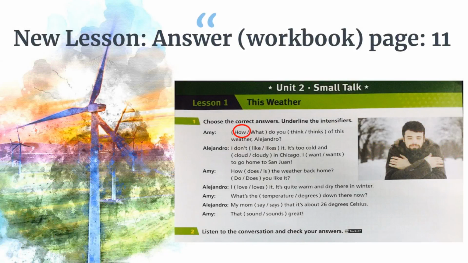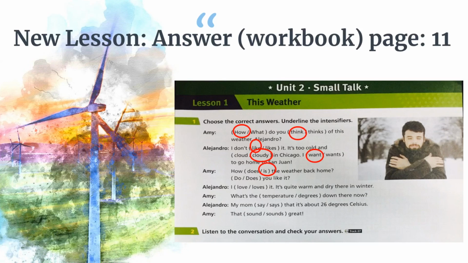Amy says, what do you think of this weather, Alejandro? I don't like it. It's too cold and cloudy in Chicago. I want to go home to San Juan.